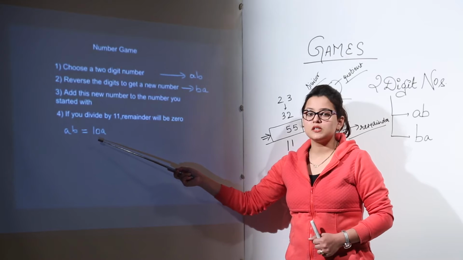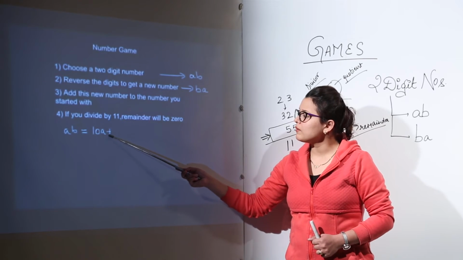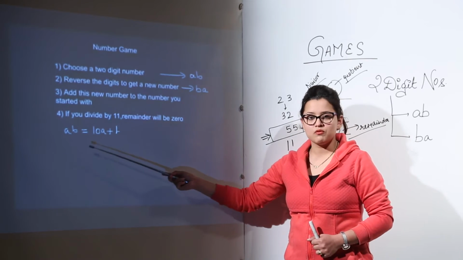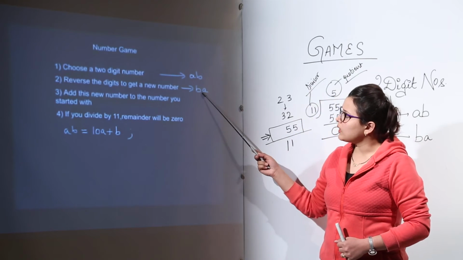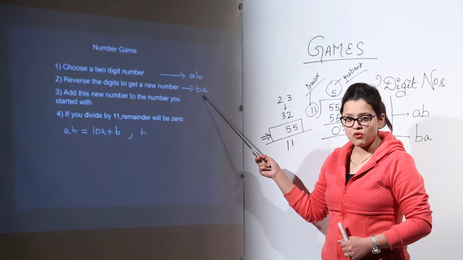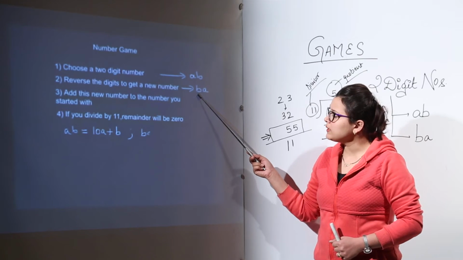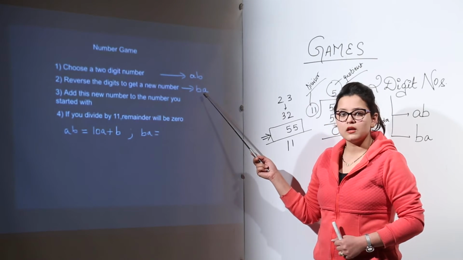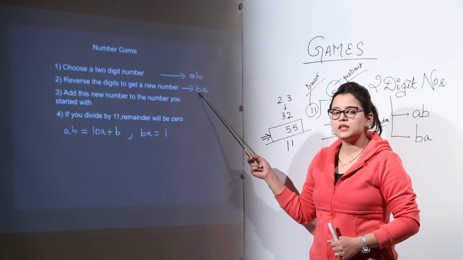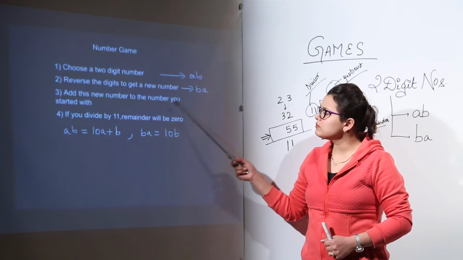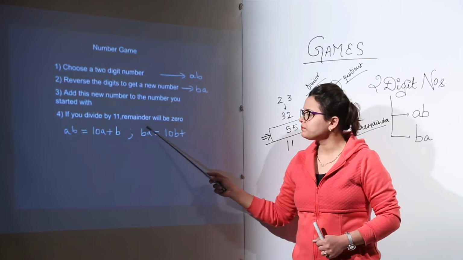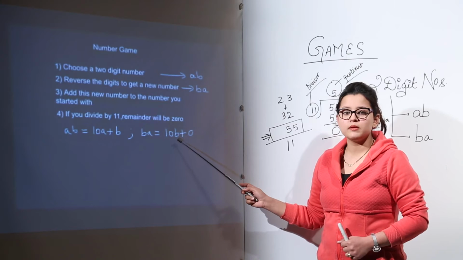So AB can be written as 10A plus B, right, because A was at the tens place. Now writing the other one, that is BA, in the general form, you would get 10B plus A. Why? Because B was present at the tens place over here. So for both numbers you are going to write the general form and add them up.